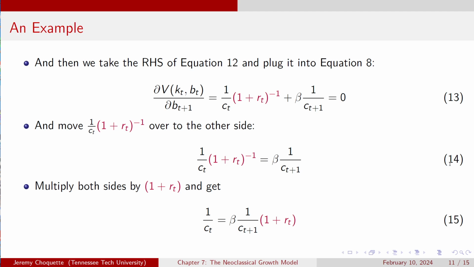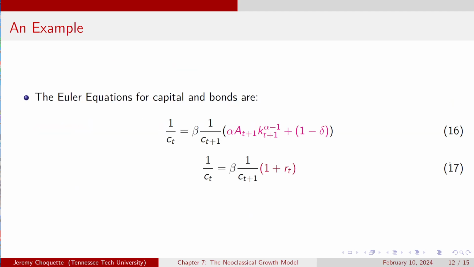I'm going to show you that in equilibrium, equation 15, that Euler equation for bonds, would actually be the same thing as equation 16, which is the Euler equation for capital. Now, if you want to be a little dangerous, try figuring it out for yourself. Figure out why.